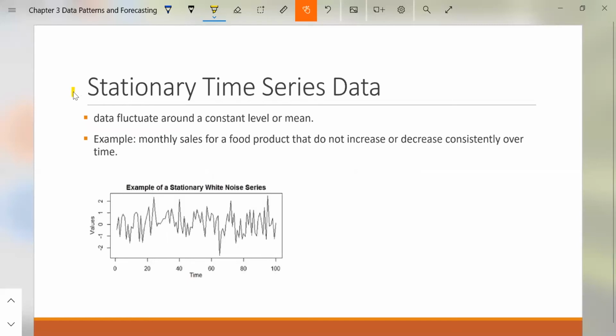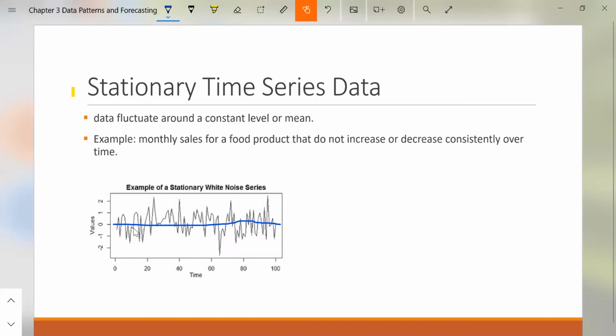With stationary time series data, what we see is that the data fluctuate around a constant level. For example, if you look at the picture I have here, you can see the data is going up and down, but broadly it is going around a constant average. I drew a blue line here roughly to represent the constant average.